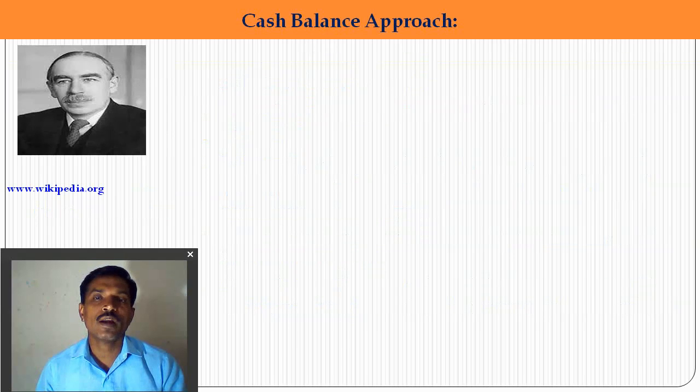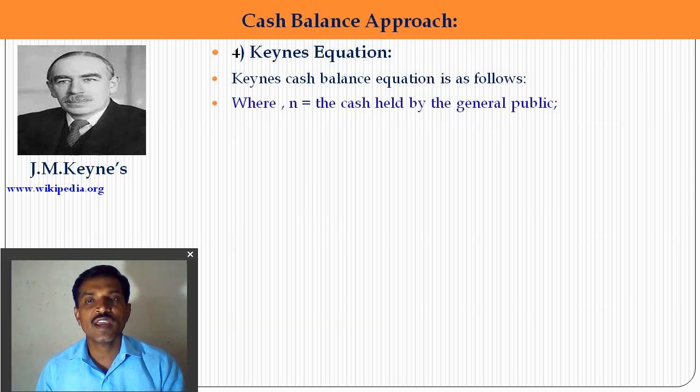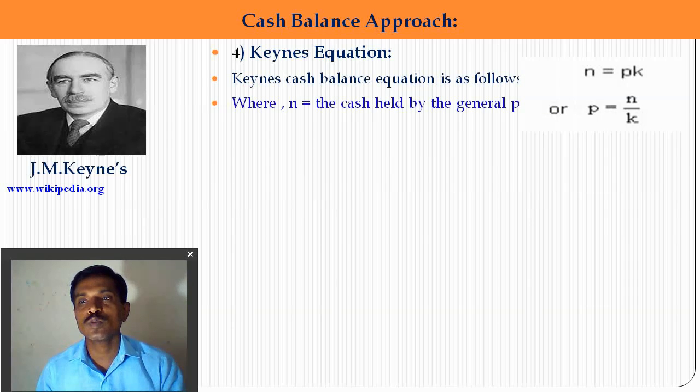Another part: Keynes also joined the Cambridge version, and he also gave one equation for the cash balance approach, because he also emphasized people's demand for money, the liquidity preference or cash holding. According to Keynes, N is equal to the cash held by the general public, and his equation is N = PK, or P = N/K.